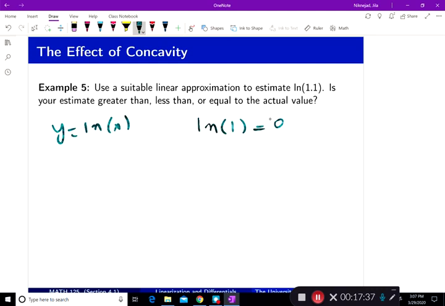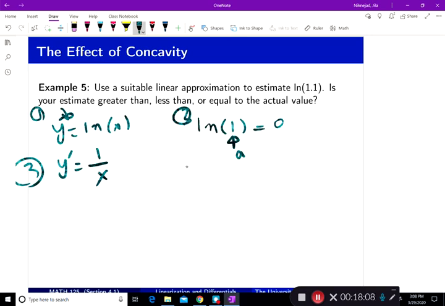And so using all of that, how do I approximate? The first thing first, I want to take the derivative, 1 over x. So this is the function, that's the derivative. Plug in the a into the derivative and find dA.